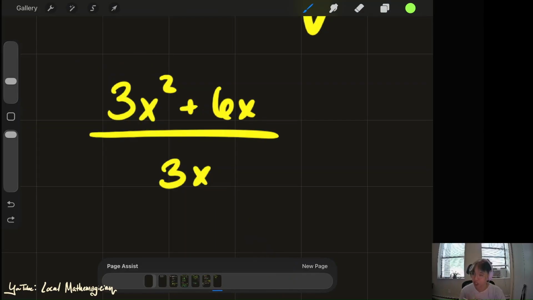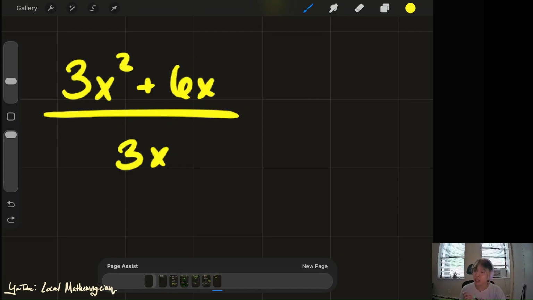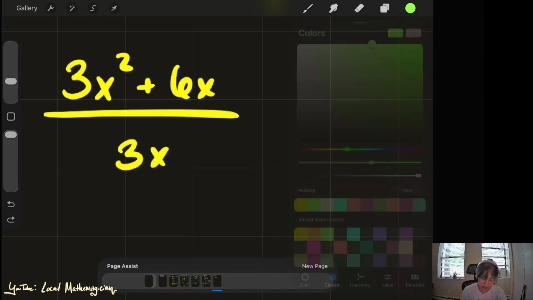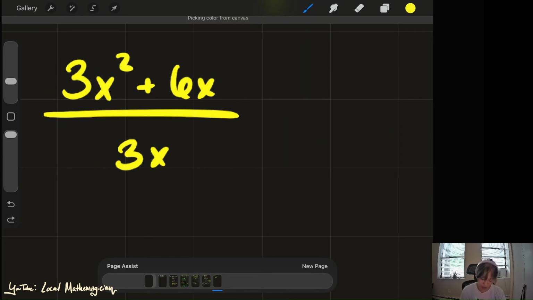We are civilized humans, okay, friends? We are civilized mathematicians. Let's do it the right way. I want you guys to look at the greatest common factor of the top and the bottom. If you can't get the greatest, get the second greatest, okay? I know vibes-wise that this is divisible by 3. And so is this, and so is this. So let's factor out a 3, okay?